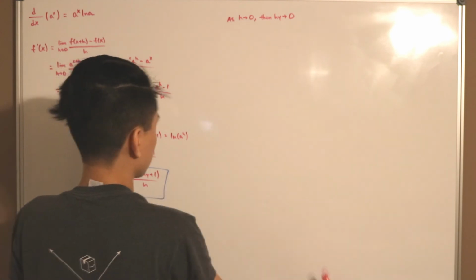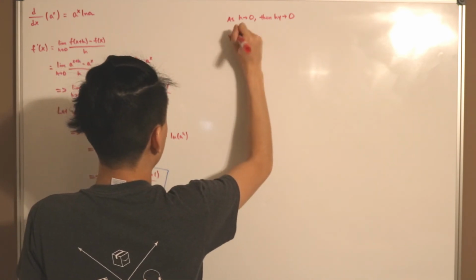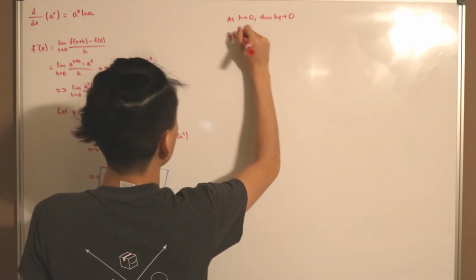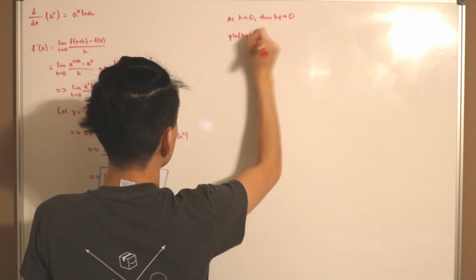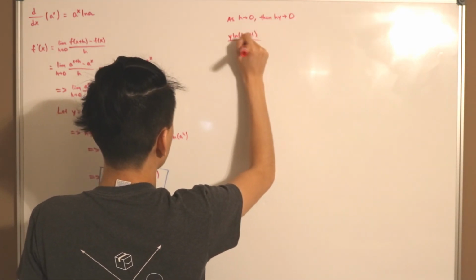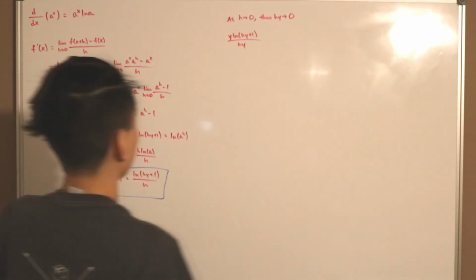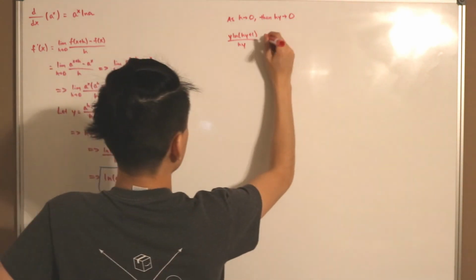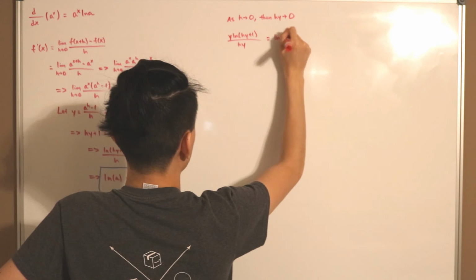So we would have y ln of hy plus 1 divided by h times y, and this is still equal to ln of a, don't forget that.